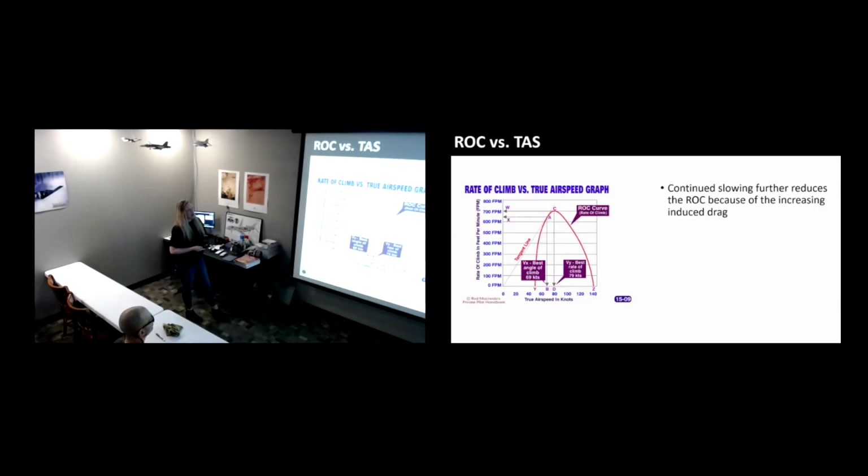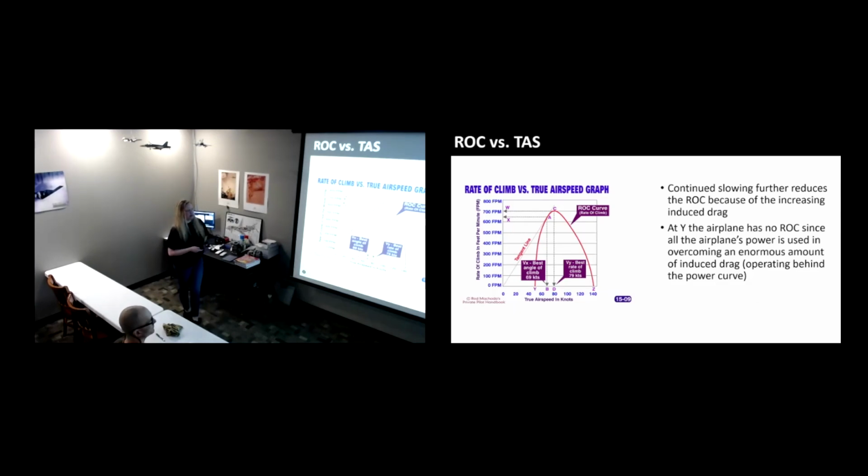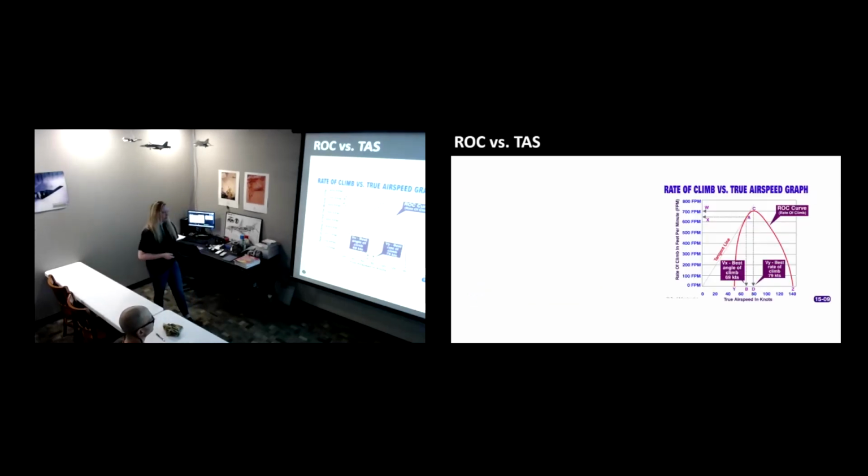It then slows and reduces the rate of climb because of the increasing induced drag. At point Y, there's no rate of climb since the airplane's power is being used to overcome that amount of induced drag. The sea level best rate of climb is found at point C up here. So that's what we use for our performance charts to get that best rate of climb.